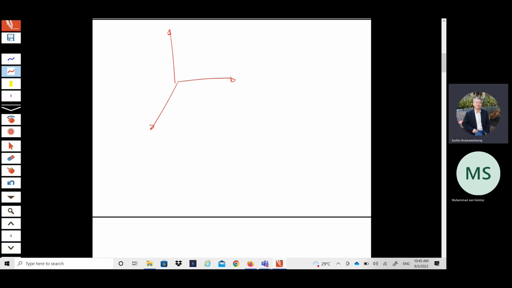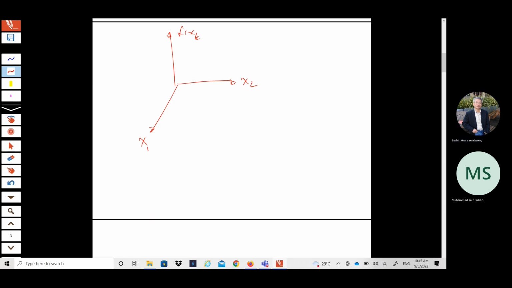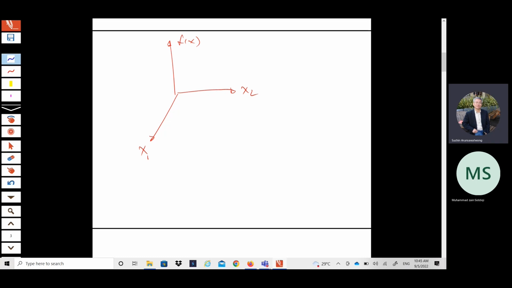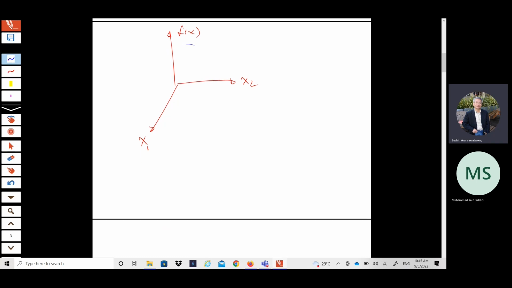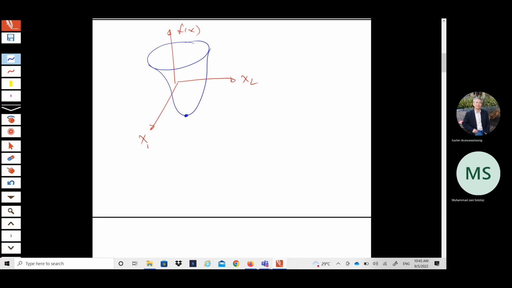The x1, x2 is for the domain, and the vertical axis represents f(x). So how does the function look? The function looks like this, in a three-dimensional space, right? And this is the minimum.